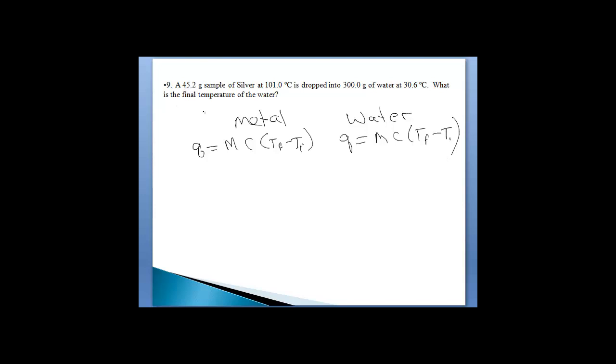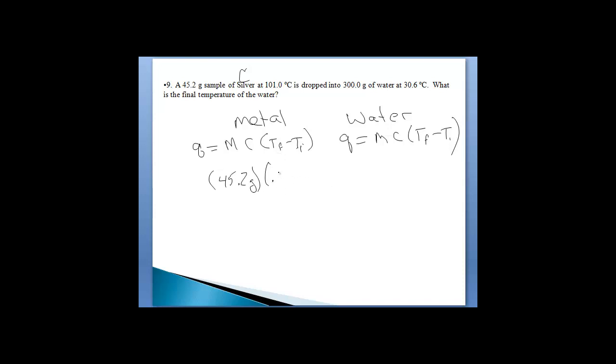So we've got our 45.2 grams. Now we know that it's silver, so what we can do is look up the value for C for silver. Now in a normal problem this would be given, and what you're going to notice if you look on your chart that the value for C is 0.24. Oh, let me rewrite that so there's no mistake.